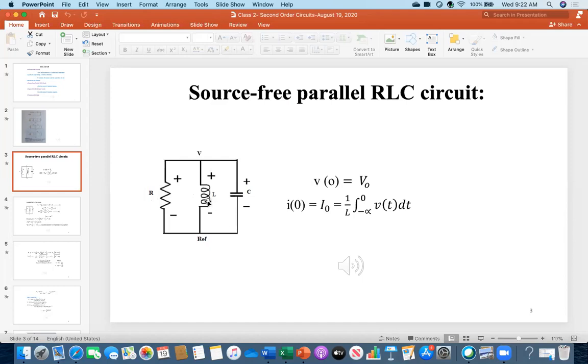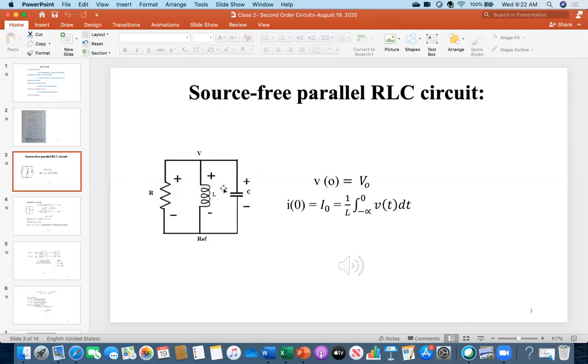Because the inductor and capacitor store energy, if you suddenly disconnect the source, making it source free, it will still have voltage and current for some time, not for an indefinite period. That is our point of interest, our goal today. We want to find out what the voltage and current look like, provided that there was no source connected.